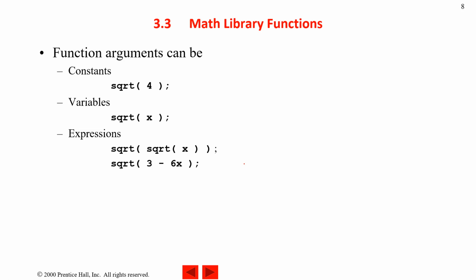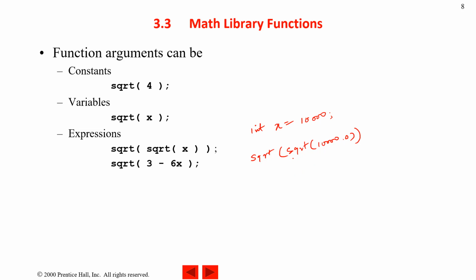If, for instance, I write int x is equal to, let's say, 10,000, then when I call this, it is basically saying square root of 10,000.0. Why .0? Because all the functions in a math library are of type double. So when I pass the integer 10,000, it will be converted into a double, 10,000.0.